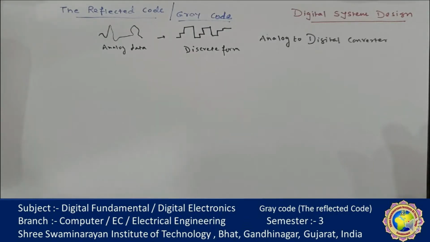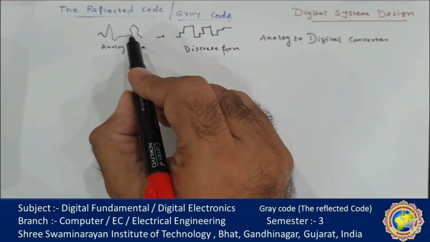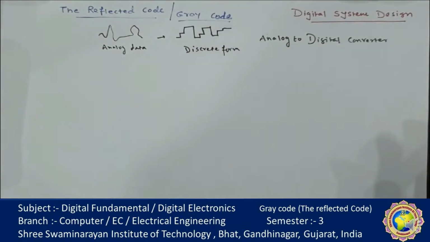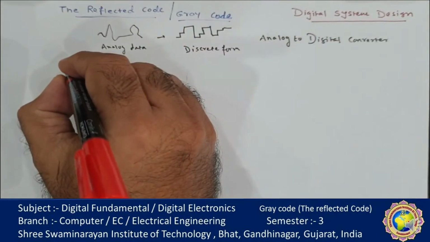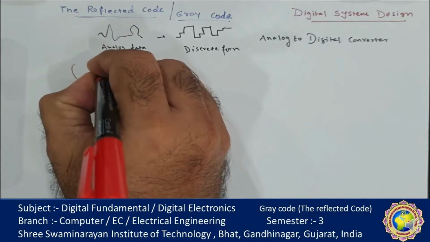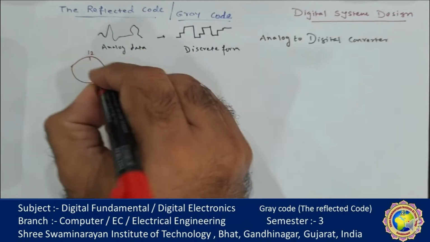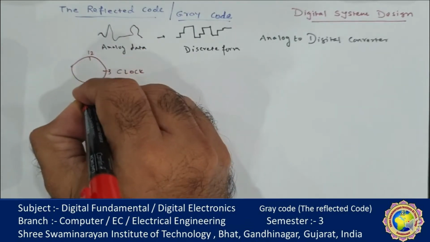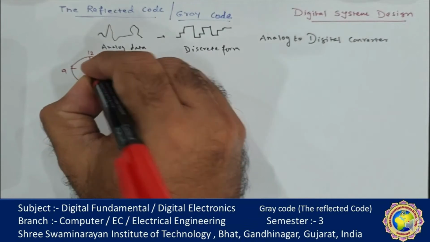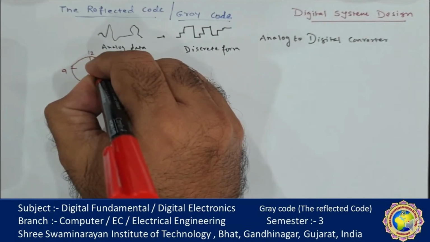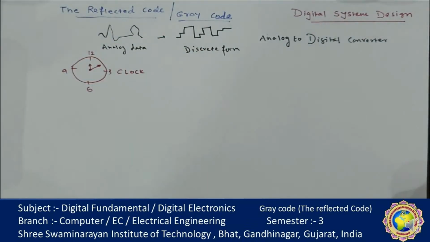So it is better to use the reflected code instead of binary. Why? Let me explain. Here in this example, any value is possible. But suppose I have to transmit a switching position. Suppose I have a clock, and whatever is the hour or minute, we have to transmit.